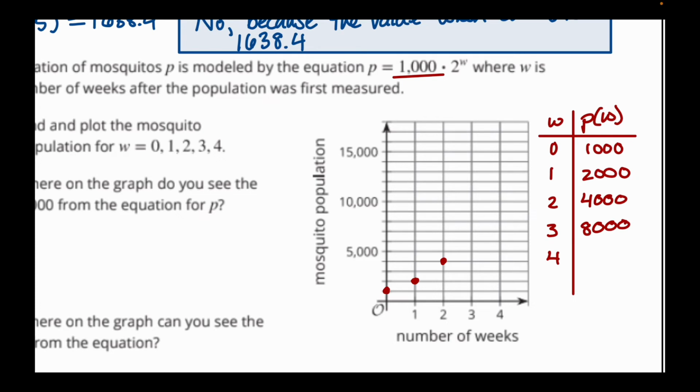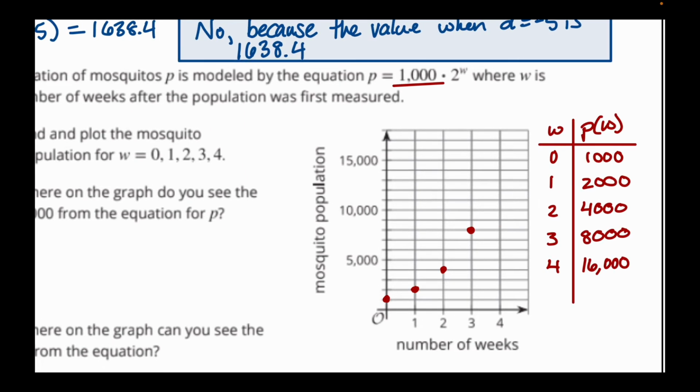So at 3 weeks, 6, 7, 8. And then when we double the 8,000, that is going to be 16,000. So at week 4, we'll be at 16 right here. So those are my plotted values.